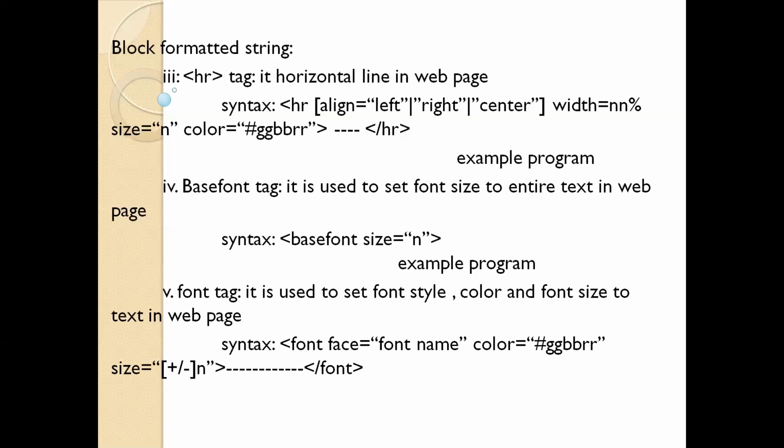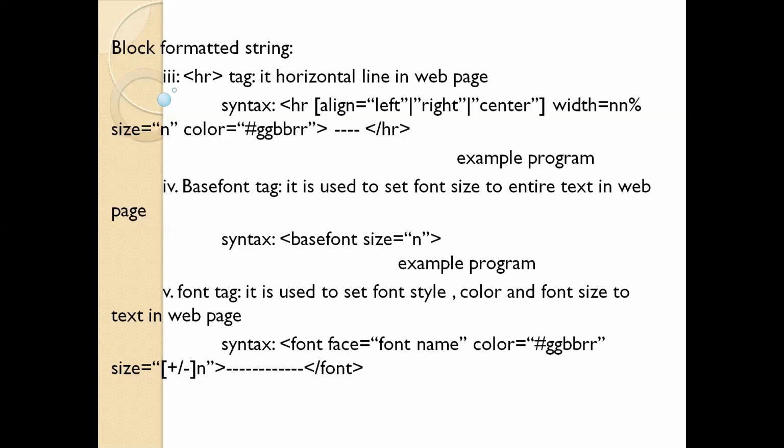And then the font tag. We can see different types of fonts, in the sense Arial, Times New Roman, something like that. There is one default font for each and every HTML or web page. So if we want to change the type of font, we have to use the tag called the font tag.